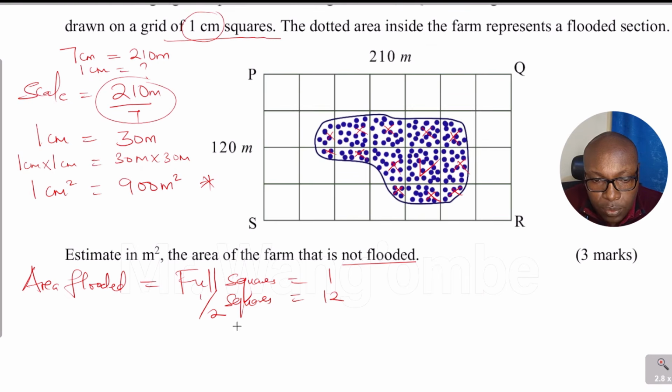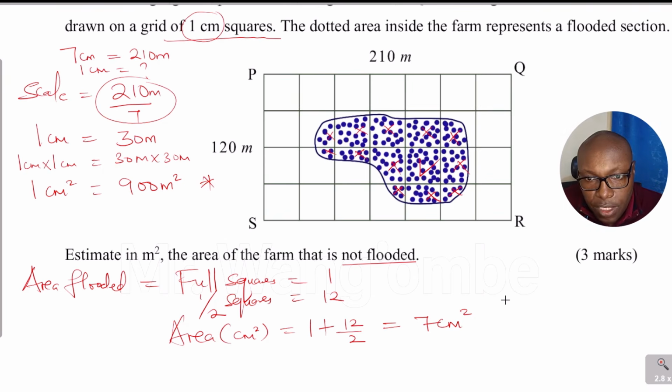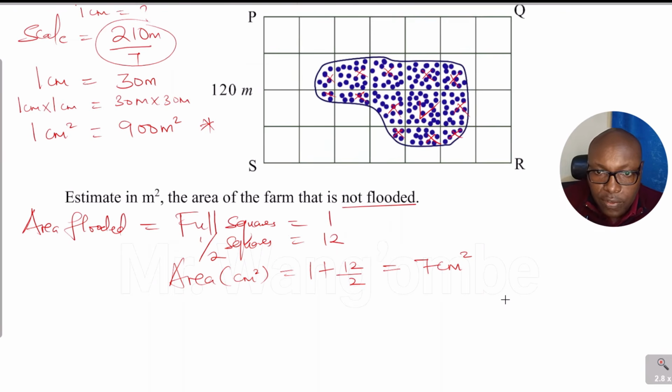There are 12. Now to get the area, and this area will be in centimeters squared, I will need to get 1 plus 12, the half squares, you divide them by 2, and these will give 1 plus 6. These will give 7 centimeters squared. Why are we getting 7 centimeters squared?